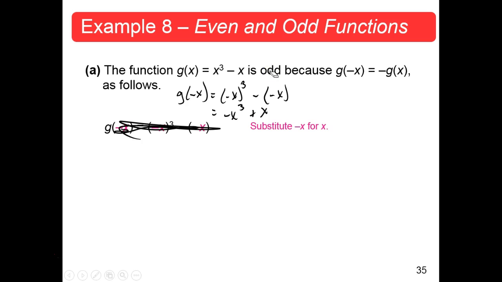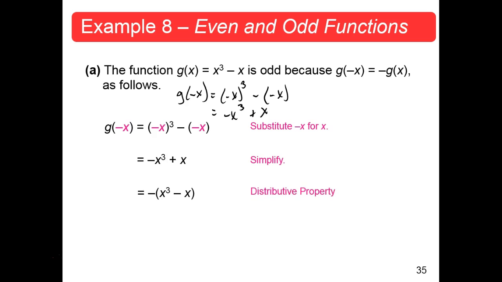Okay? Now, I think they're also going to do something else for you. They plug it in and don't show you how they do it, but they did too. They plugged it in and did exactly like we did and got negative x cubed plus x.